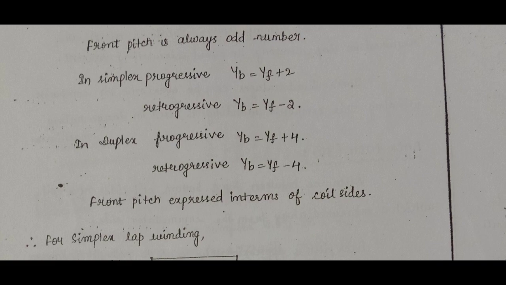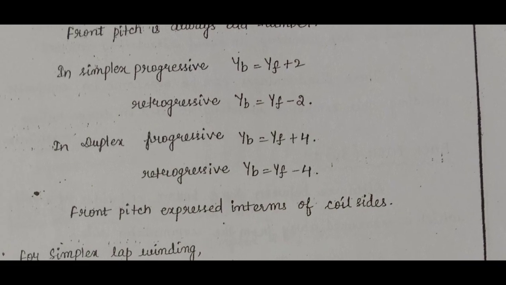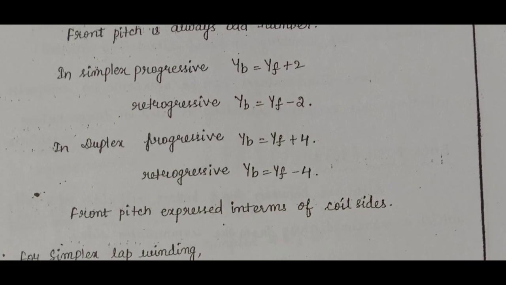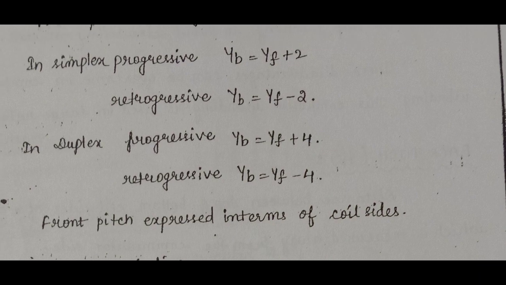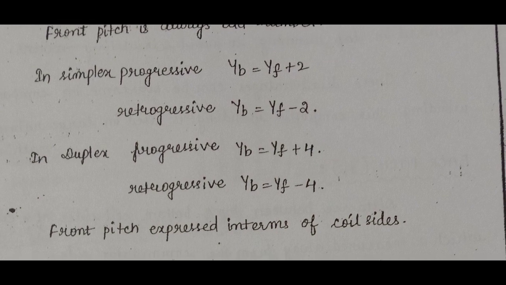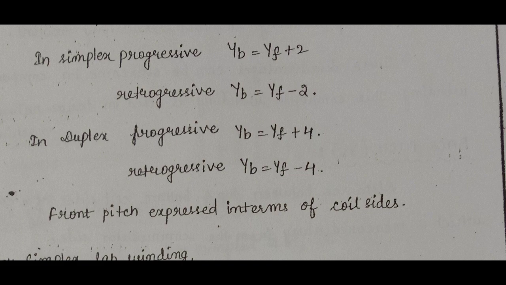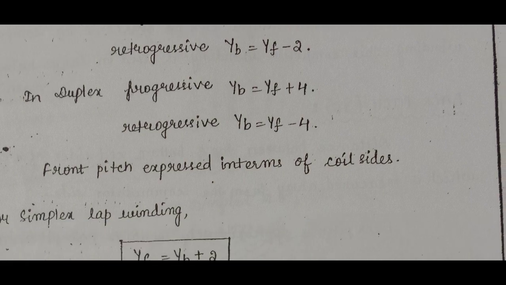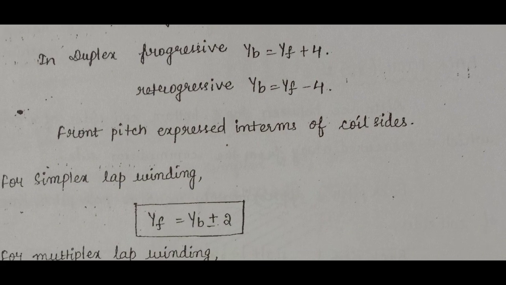In retrogressive, YB equals YF minus 2. In a duplex winding, progressive winding, YB equals YF plus 4. Retrogressive winding, YB equals YF minus 4.